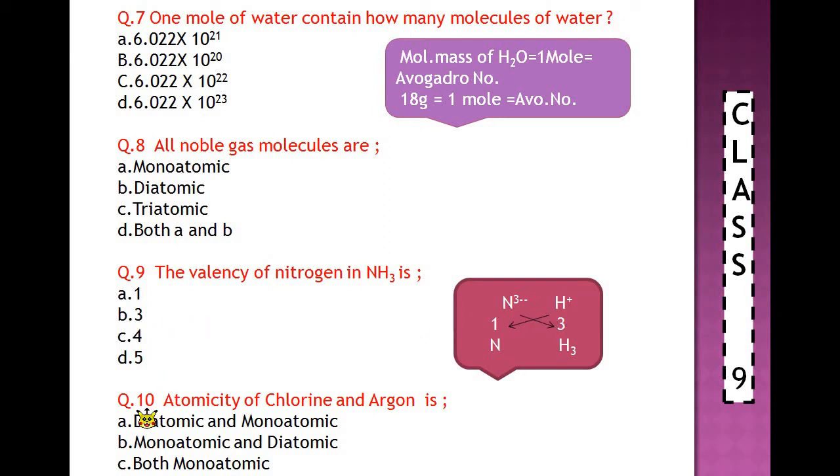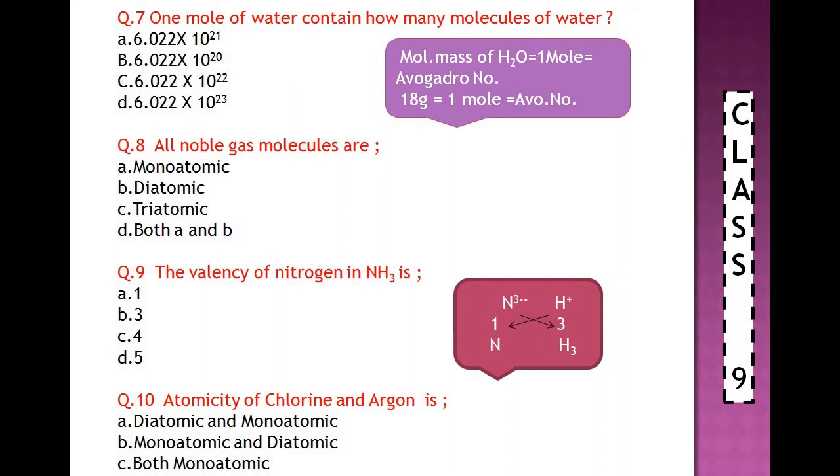Come on to question number 10. Atomicity of chlorine and argon is. Options are: first option A diatomic and monoatomic, B monoatomic and diatomic, C both monoatomic. So now you know that the electronic configuration of chlorine is 2 8 7. Now in the last shell chlorine needs 1 electron, and because of that chlorine combines with other chlorine or any other atom.